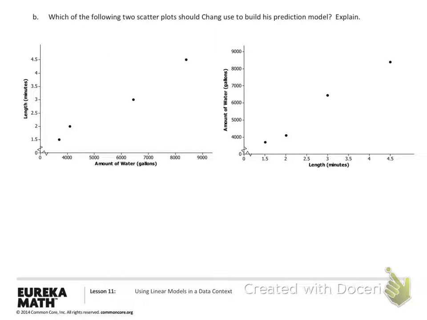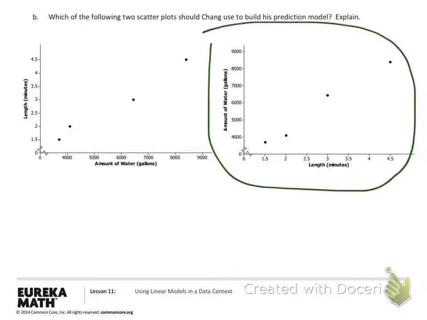So this is the scatter plot that we want, this one right here. Not that one. Now, they could both be used and both have meaning, but we want to think about it in terms of what we're predicting, which is the amount of water. Okay, so that's the one we're going to use.